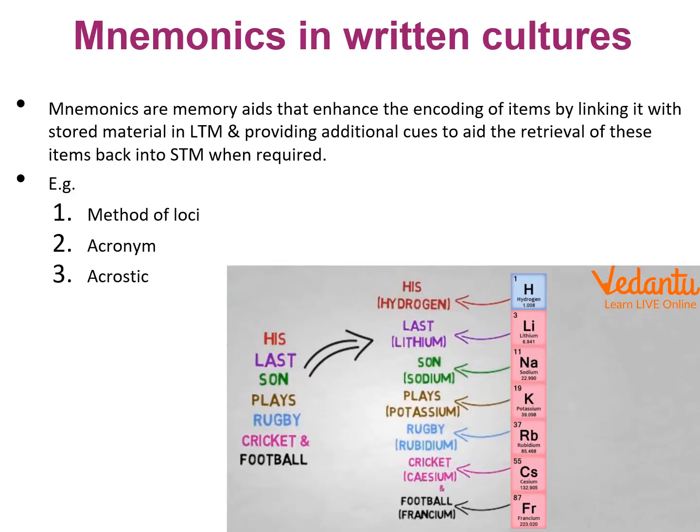Now, with the 3 mnemonics that feature in the written cultures in our study design, point of emphasis with all 3 is that they enhance the encoding because they link it to existing material in LTM, and they also provide additional cues that enhance the retrieval when required.